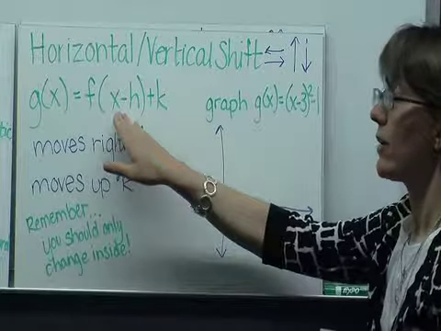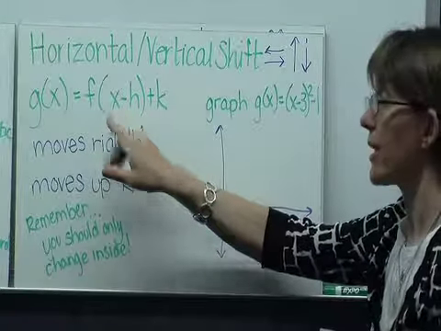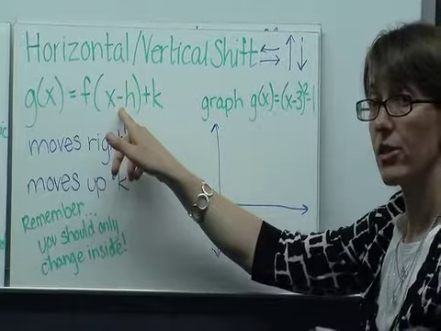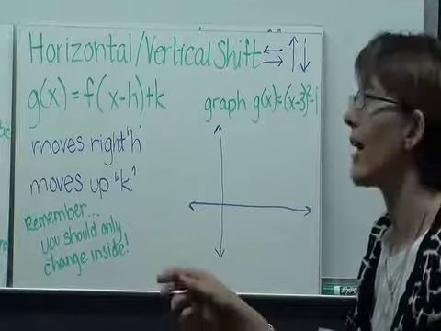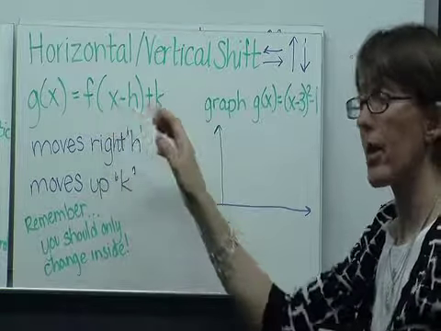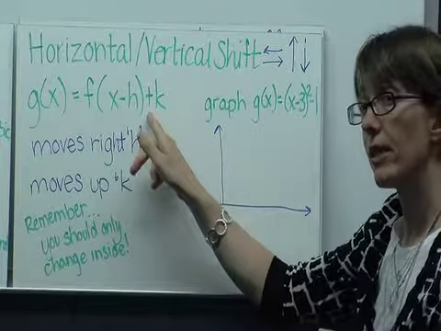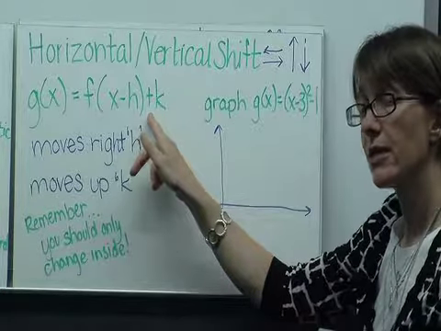You'll notice that this is kind of backwards thinking. Well, it's minus h, but it moves to the right. Yes, if it's plus h, it would move to the left. So you change what's inside the parentheses. What's outside the parentheses, that plus k, stays the same.